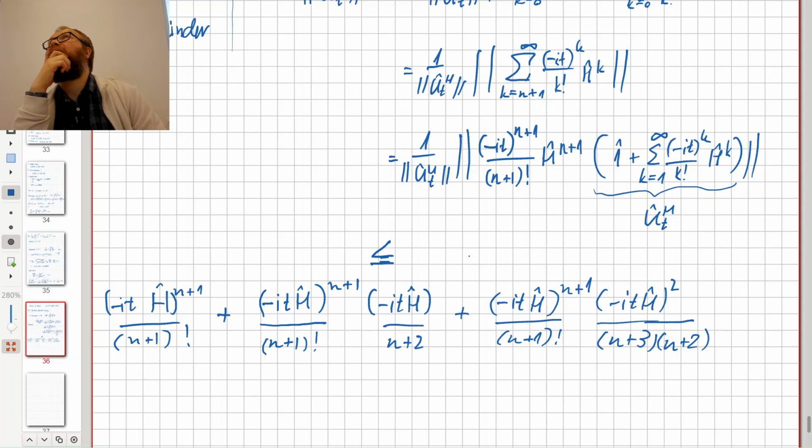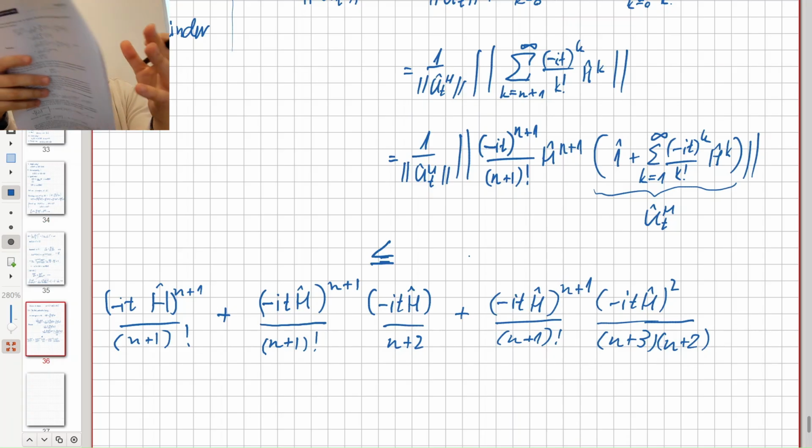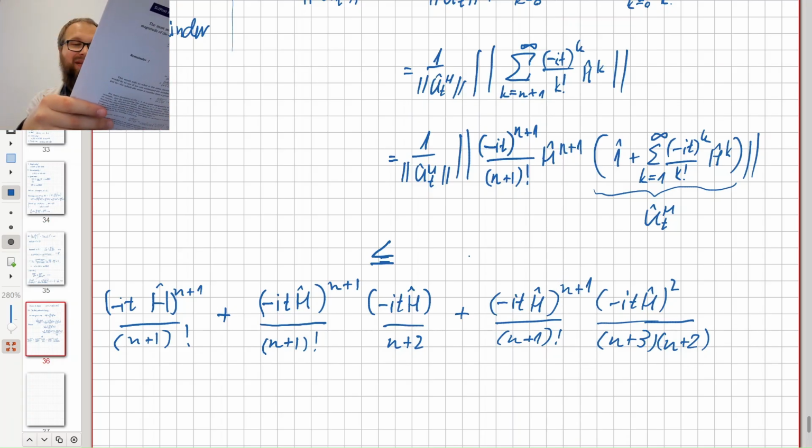Because then you can still have the factorial there. I think I want to pull out the factorial. I messed up some stuff here. Maybe we need a break. I messed up something here.